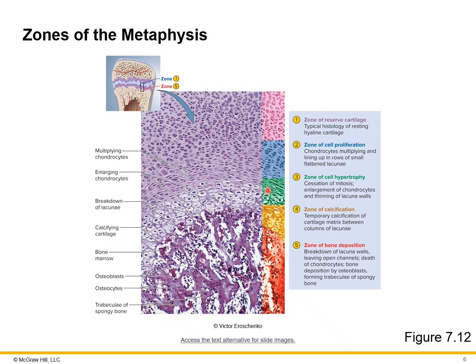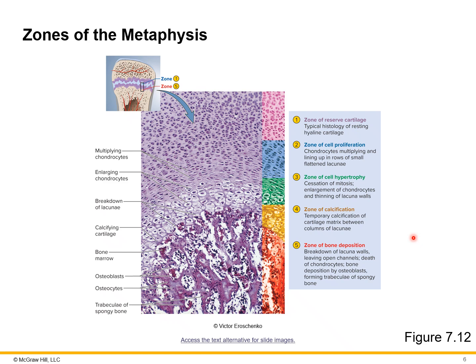Zone 3 is this green zone here, and carrying on, this is the zone of cell hypertrophy. This is where there is an enlargement of the chondrocytes and the lacuna walls are starting to thin, and that's why we're going to see less of that stain. We can see that it's starting to widen up in that area.